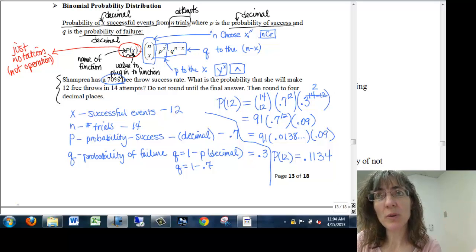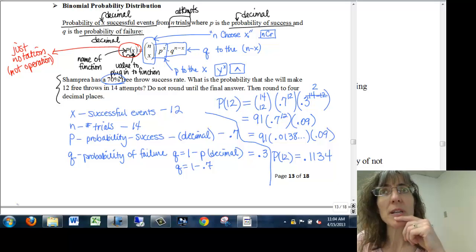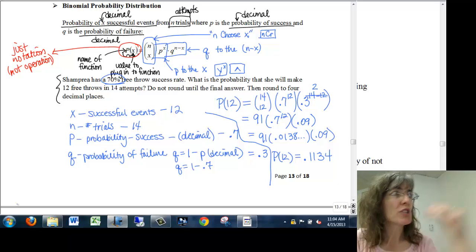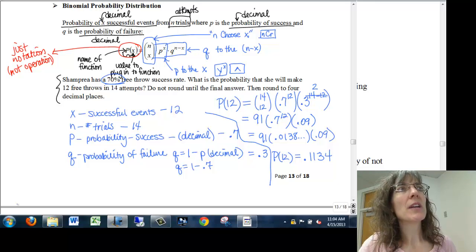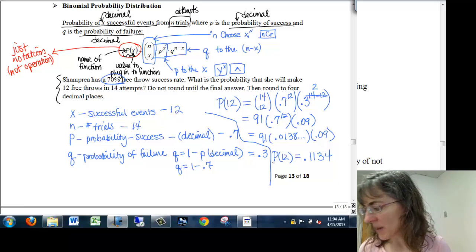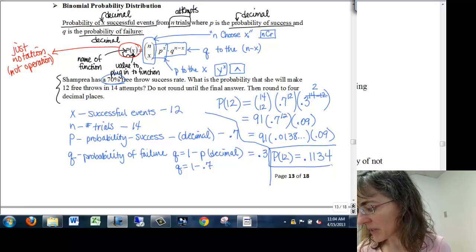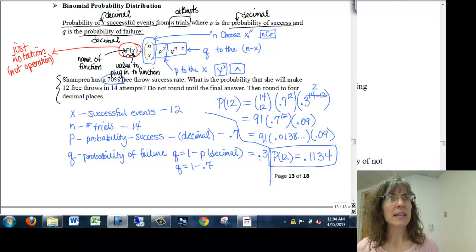Convert it to a percent, and it's 86%. Yeah. So just the rate of 12 out of 14 gives you way higher than her normal success rate, so we don't expect it to be really probable. But we can come up with, this is red, probability of 12 successes is 0.1134.